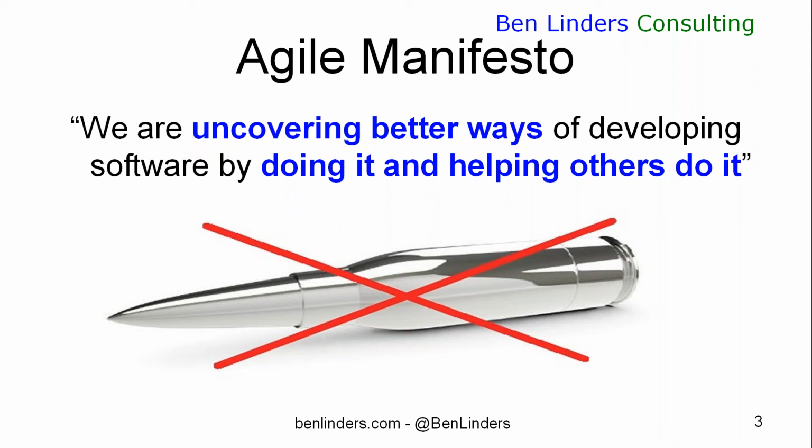The first thing is uncovering better ways, which basically tells you that if you look at Agile software development, and I think it also applies to DevOps, you're always trying to find better ways to do stuff. You're never done. This is not a recipe. This is not a process that you can implement in your organization and then you know how to do it and you're done.